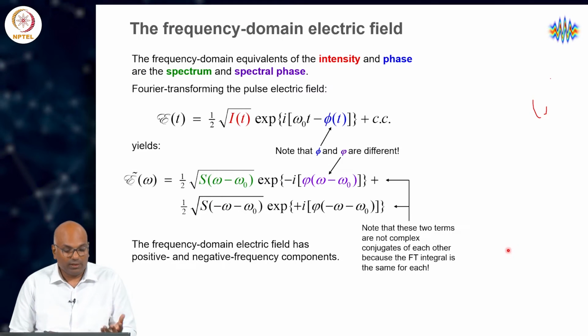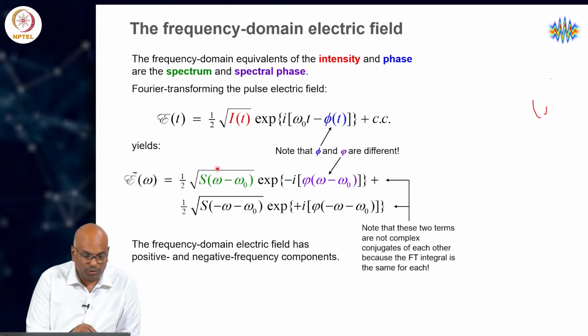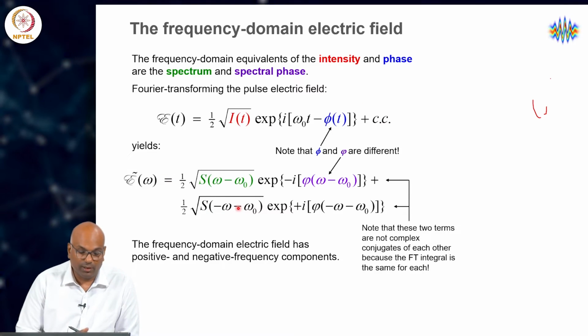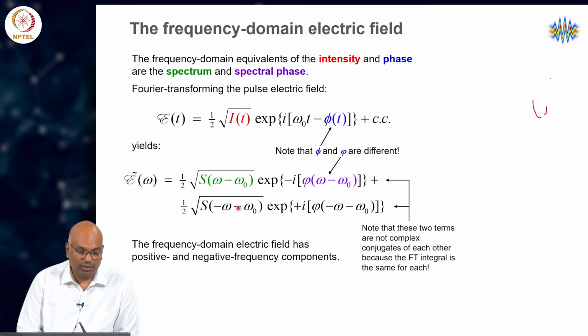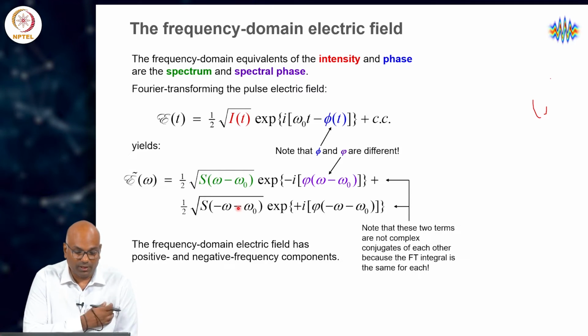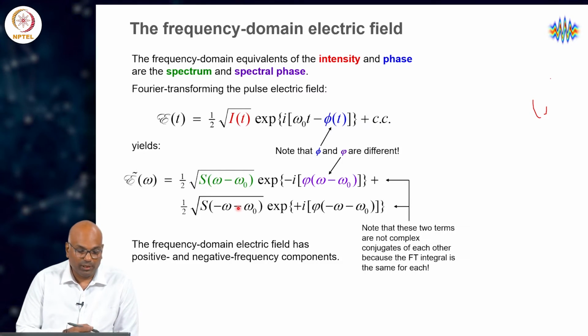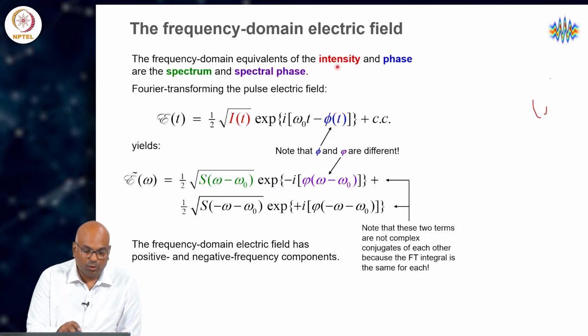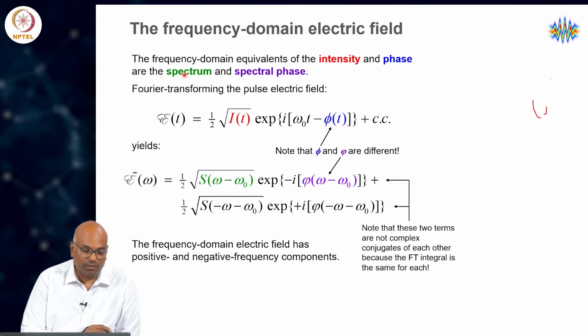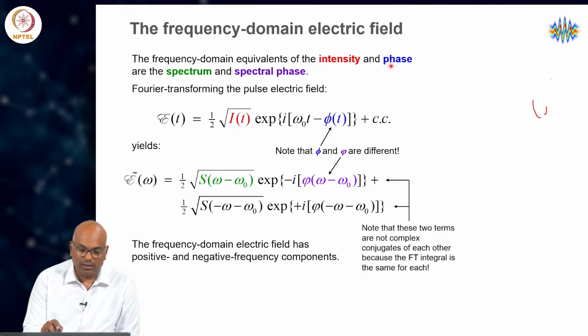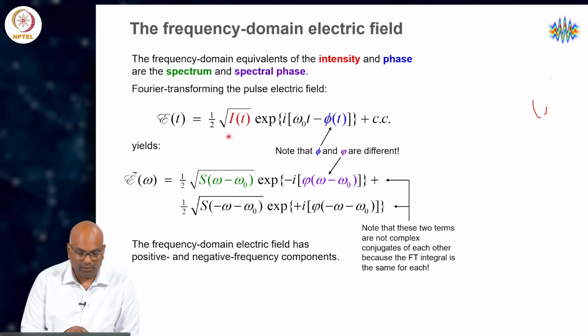Likewise, take this expression, Fourier transform it, go to the spectral domain, and you get an equally complete, rigorous and legitimate description of the same electromagnetic pulse, where the role of the intensity in time is replaced by spectrum or spectral intensity, and the temporal phase by the spectral phase.